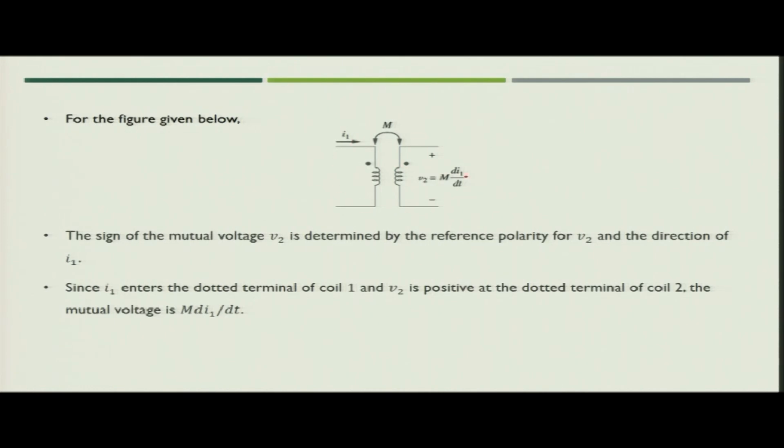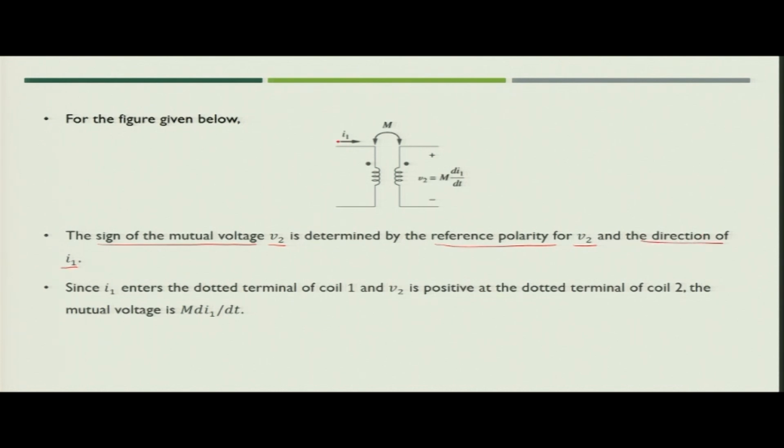Let us see this particular figure where the sign of mutual voltage V2 is determined by the reference polarity for V2 and the direction of I1.